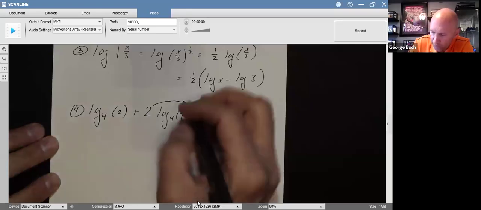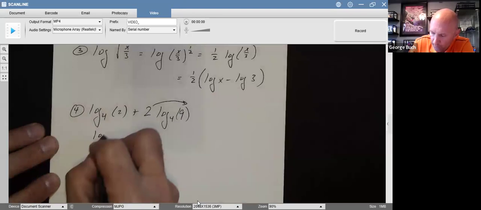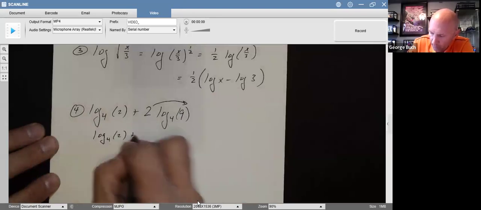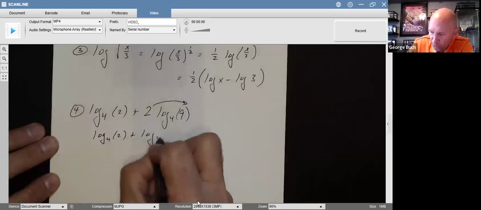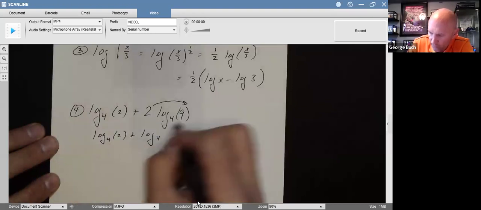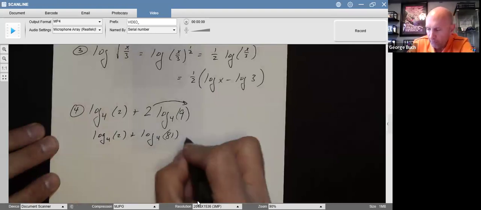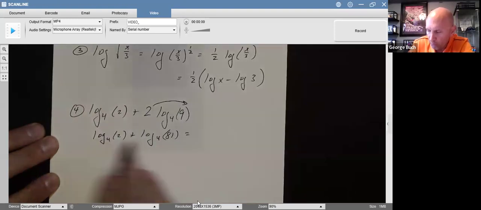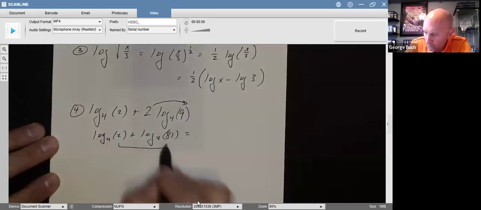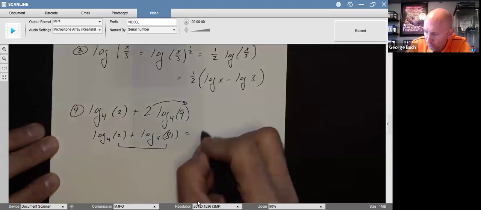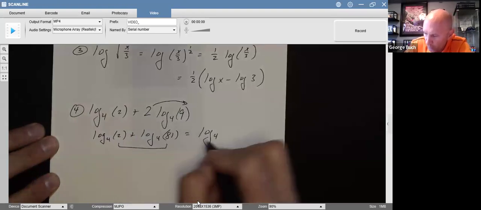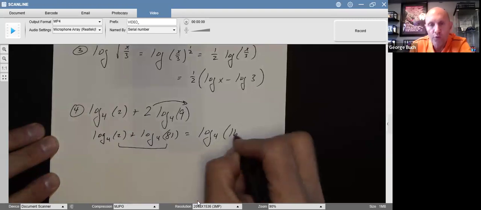So this is log base 4 of 2 plus log base 4 of 9 squared, which is 81. And now that it's addition, I do what? I multiply these two pieces. So this becomes log base 4 of 2 times 81, which is 162.